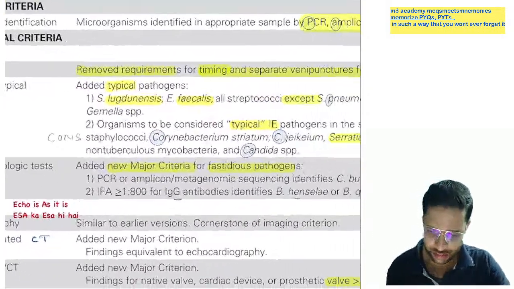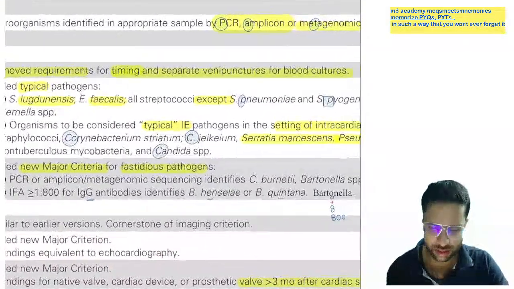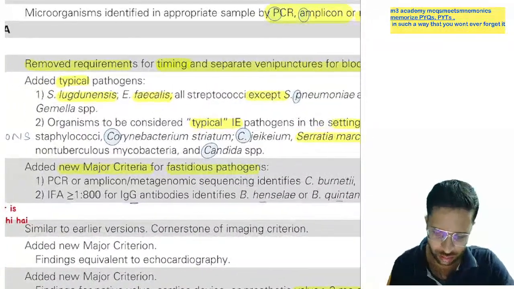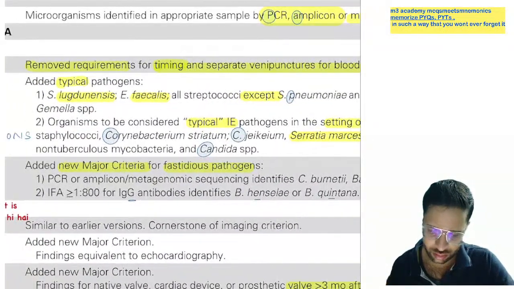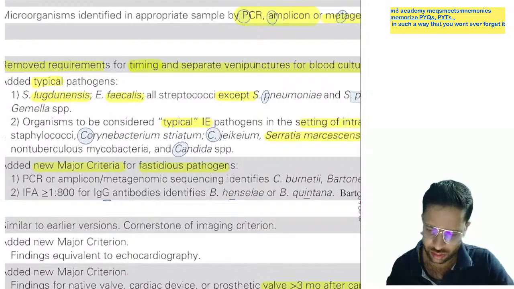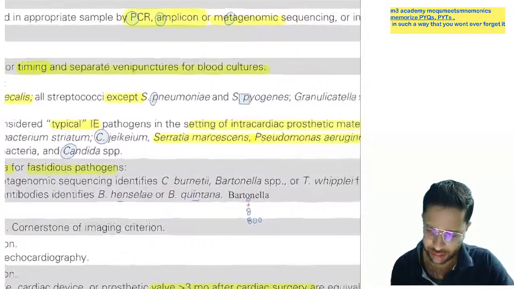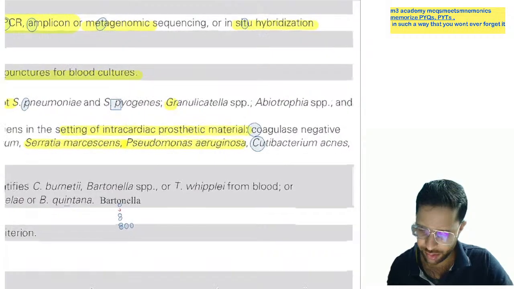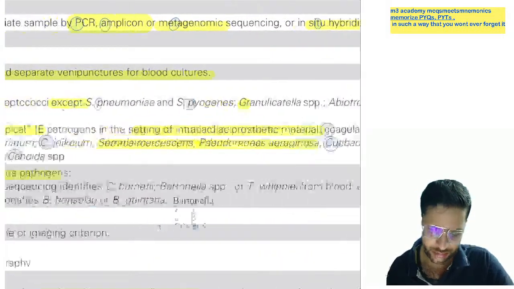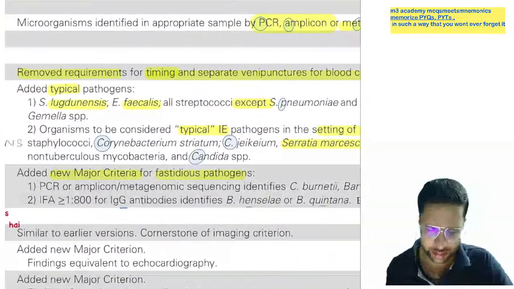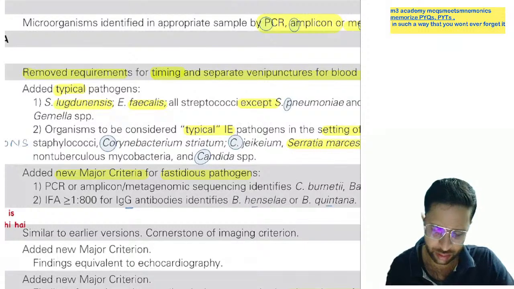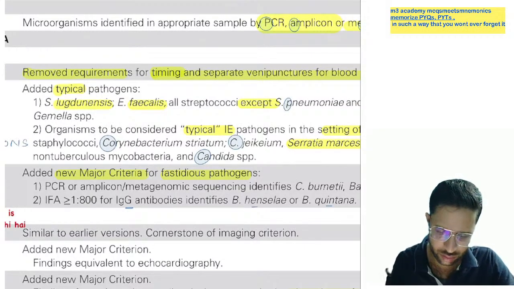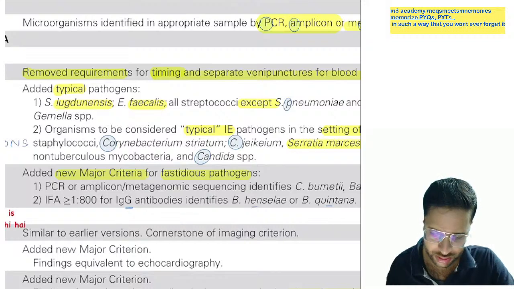So what do we call typical? The typical organisms are Staphylococcus lugdunensis, Enterococcus faecalis, and all streptococci except pneumococci, pyogenes, granulicatella, and abiotrophia. How do we remember this? Just remember Staphylococcus lugdunensis and Enterococcus faecalis.